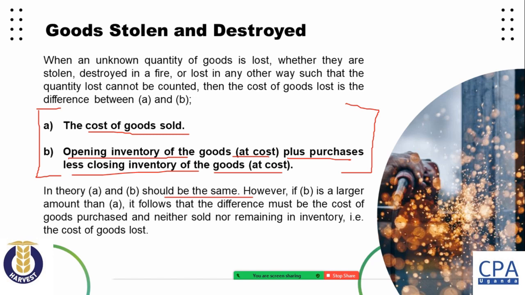So if they are not the same, and you find that B is larger than A, then the difference must be the cost of goods purchased which were neither sold nor remained in our inventory. And therefore, that accounts for the cost of goods that we lost. Whether the examiner talks about fire, stolen, destroyed, it's the same thing. That's how you're going to do it.